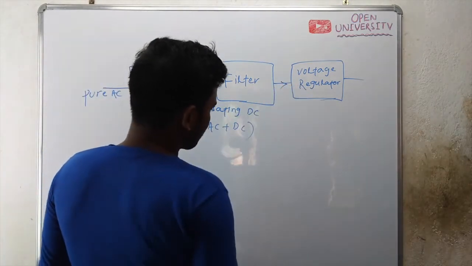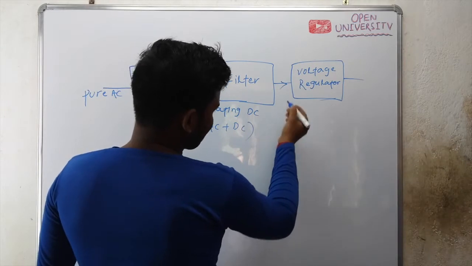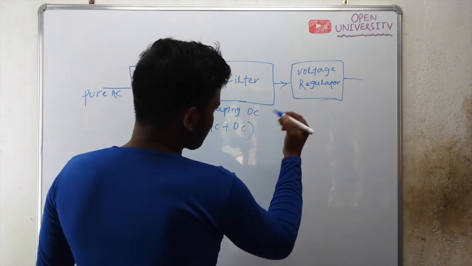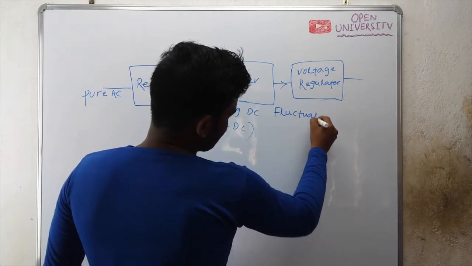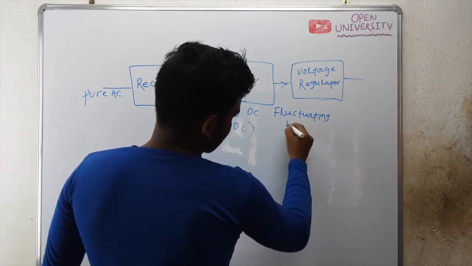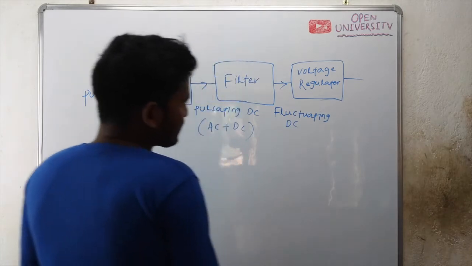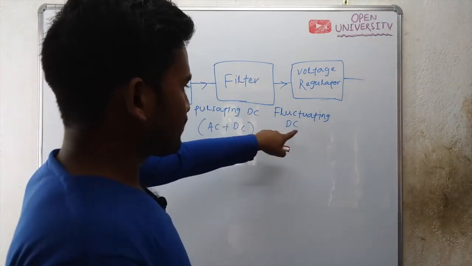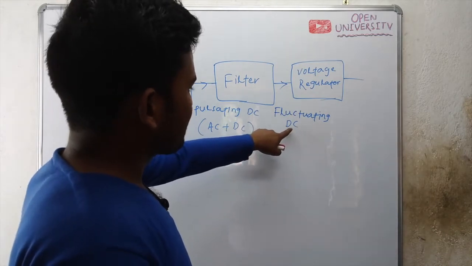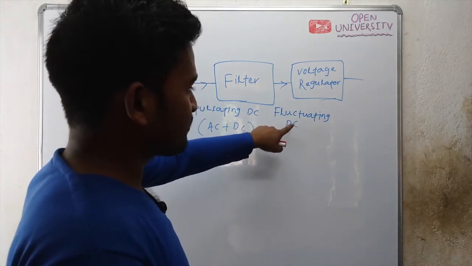So the filter output will be only DC, and that DC is not stable. This is unstable DC, that is I am calling as fluctuating DC. The output of the filter will be fluctuating DC. Okay, so filter will remove this unwanted AC component, and in the output only DC will be there, but the DC is not stable, that is fluctuating.